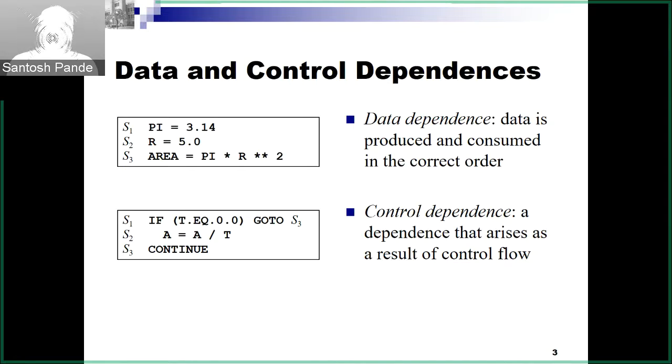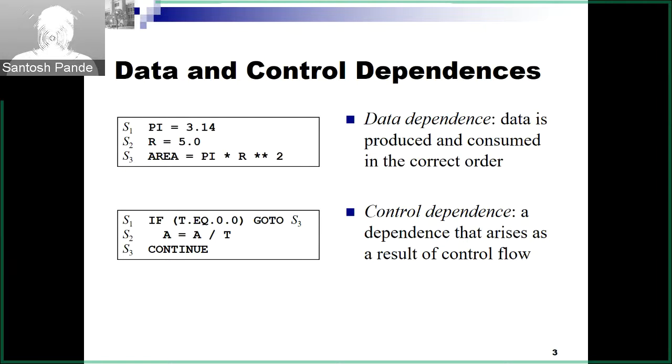Because if it executes before, let's say S2, then it will have an old value of R sitting there, not 5.0, and that will of course be wrong in terms of doing the calculations. So there is a certain data flow involved here which forces this order.